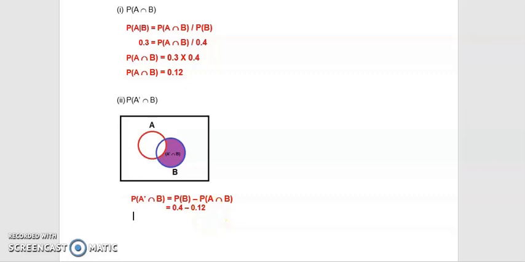So 0.4 minus 0.12 is 0.28. Again, if you have a question like this with A prime or B prime, meaning events that do not belong to a certain event, draw a Venn diagram to help you answer the question.